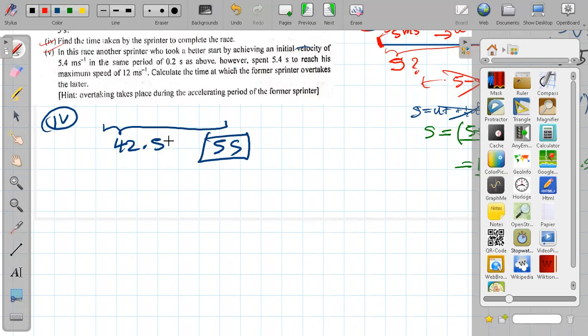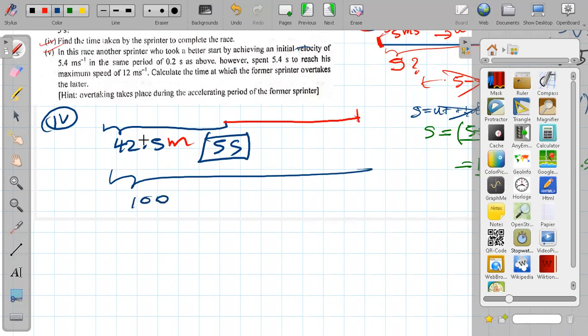Now he has to cover how many meters? It's a 100 meter race. The total is 100, so when you subtract this from 100, it is 57.5 meters remaining, right?